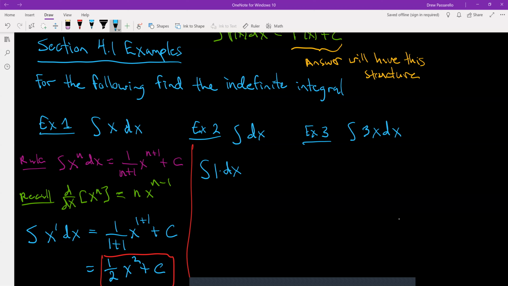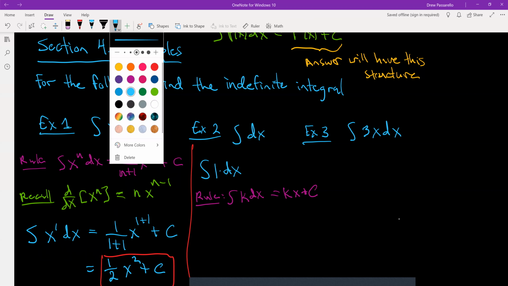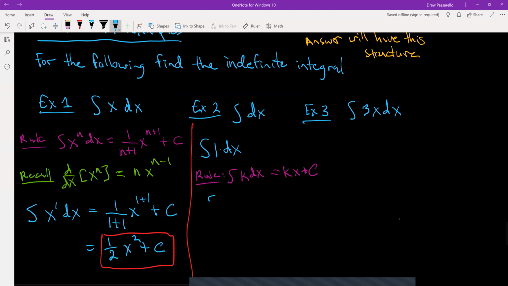And why that's useful is because I'm going to use the rule: anytime you integrate a constant, k dx, that's going to give me kx plus c. All right, that's why I wrote it like that. In this case, k is 1. So that's going to be 1 times x plus c, so just x plus c.